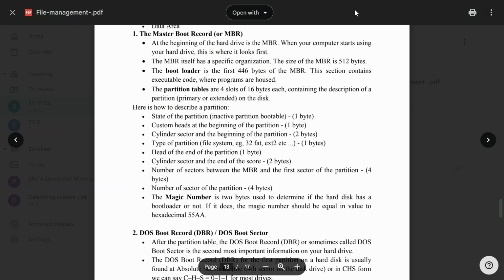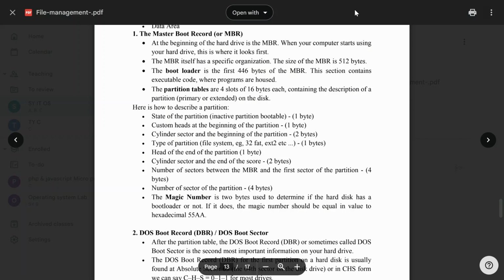And then the next point is cylinder sector at the beginning of the partition. Yes, we have to manage the cylinder number also. That information we are going to store at the beginning of the partition with the help of 2 bytes. Type of partition, which type of partition we are going to store, that is file system, example FAT32 or ext2.